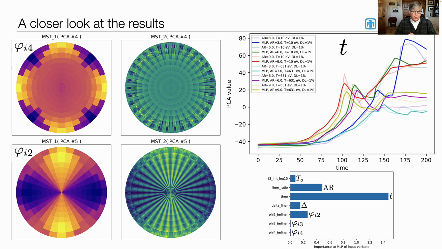And now let me really get into the physics of what's happening and take a closer look at these simulations and these surrogates. I call your attention here to the left at the principal components for the M=4 or quadrupole mode, as well as the M=2 dipole mode. You see for the quadrupole mode that it first of all has a quadrupole pattern in the first order transformation.